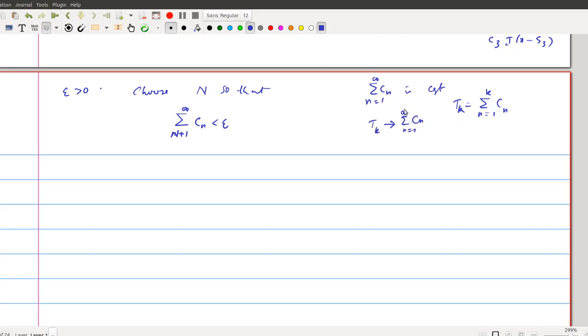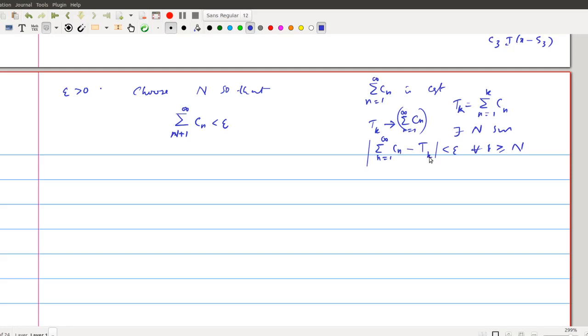Okay, what is the meaning of this? A sequence converges to this number means for every epsilon greater than 0 there exists N such that the modulus of summation n equal to 1 to infinity Cn minus Tk is less than epsilon for all k greater than or equal to N. Okay, so this is the definition of the convergence of a series.